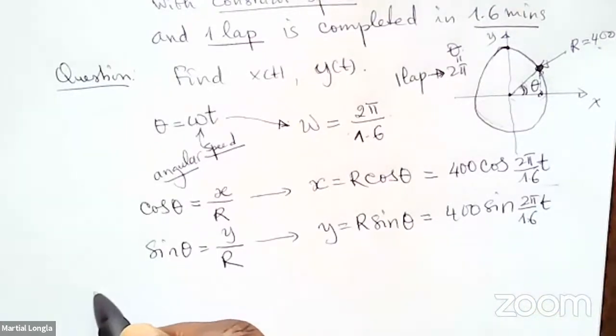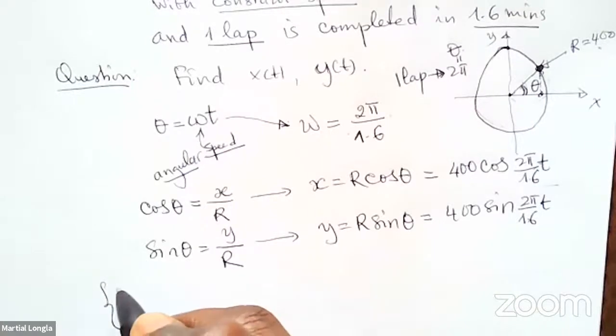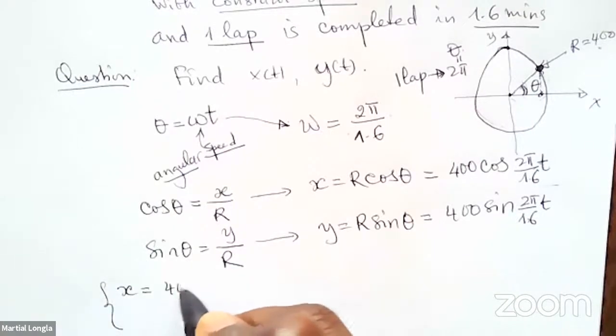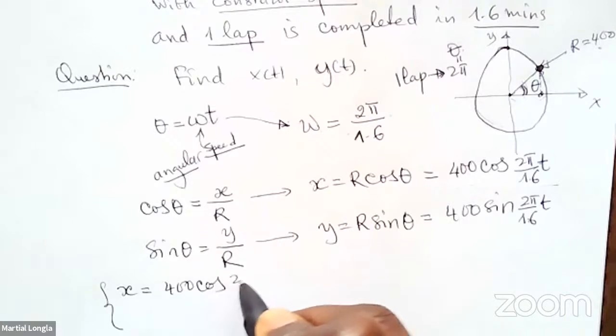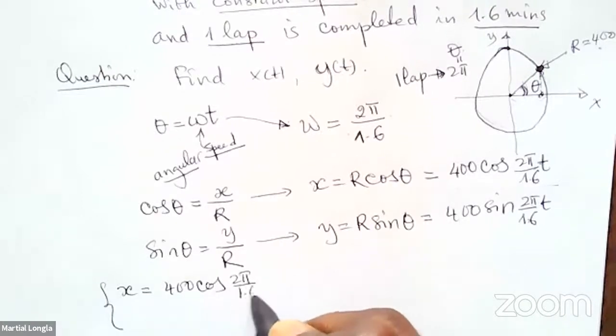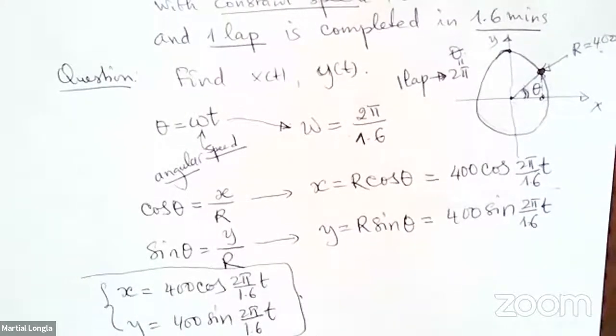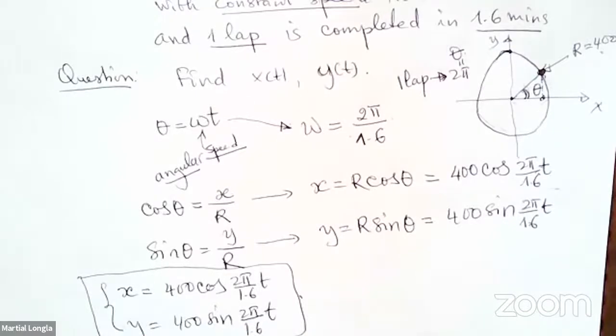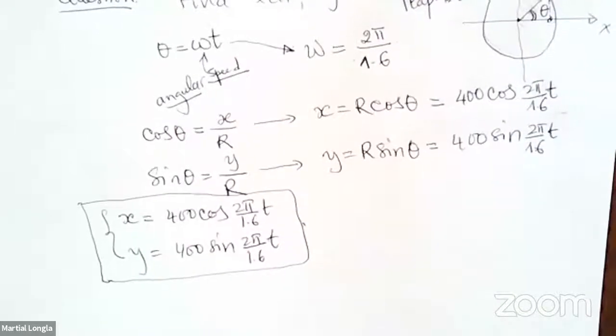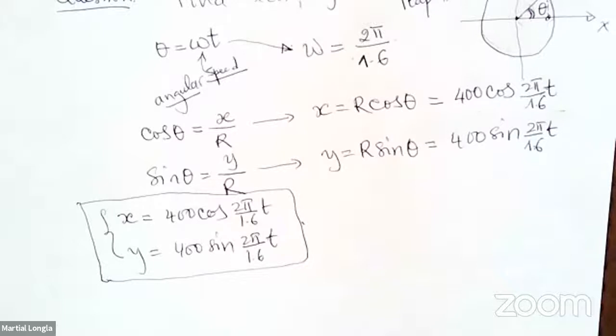So you get the parametric equations x equals 400 cosine of 2 pi over 1.6 t, y equals 400 sine of 2 pi over 1.6 t. So this is a possible parametric equation of that motion that is described.